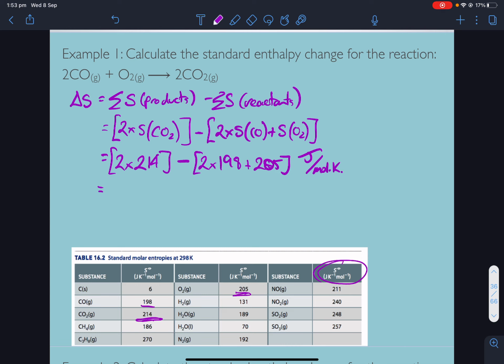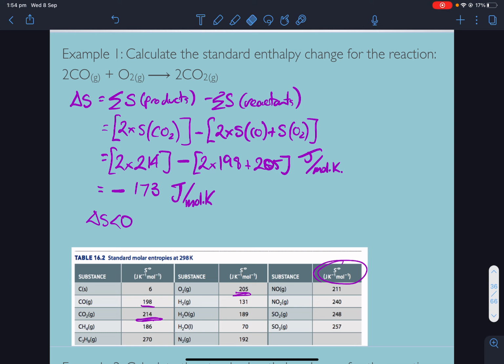So 2 times 214 minus 2 times 198 minus 205, and I get negative 173 joules per mole per Kelvin. So delta S is less than 0. So entropy for this decreases.